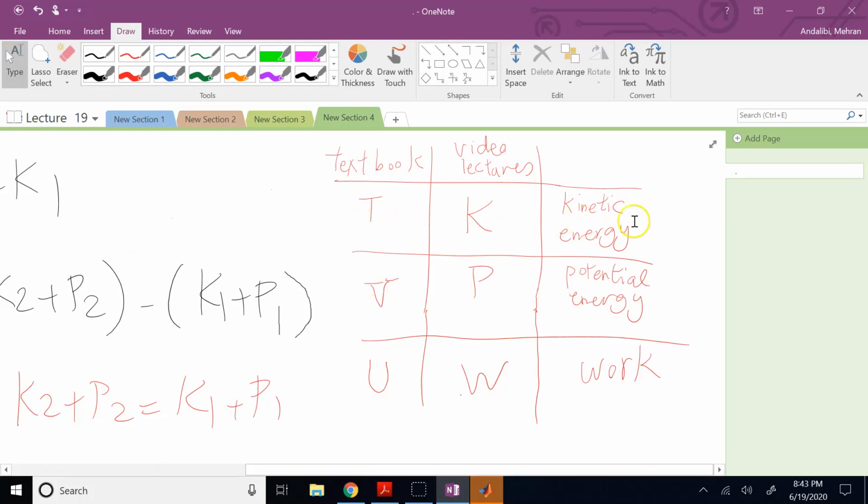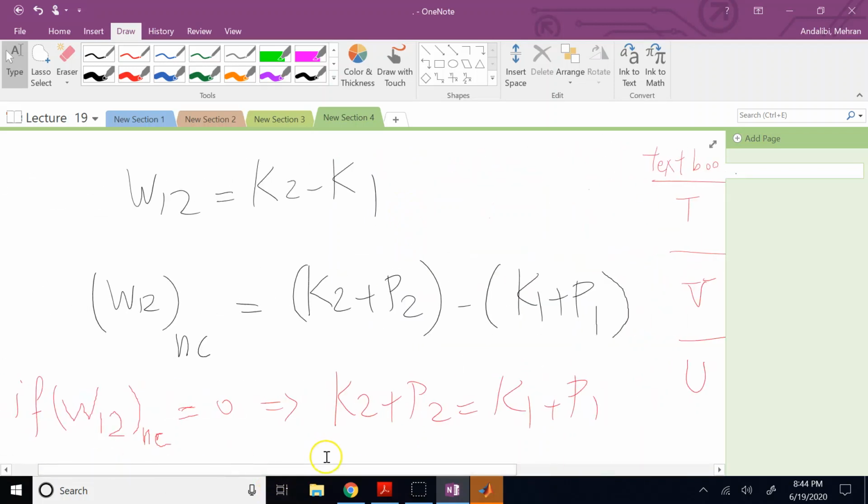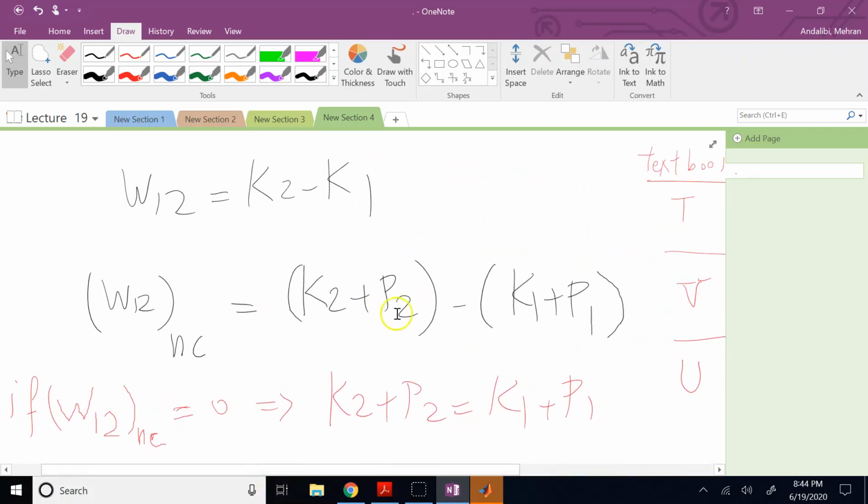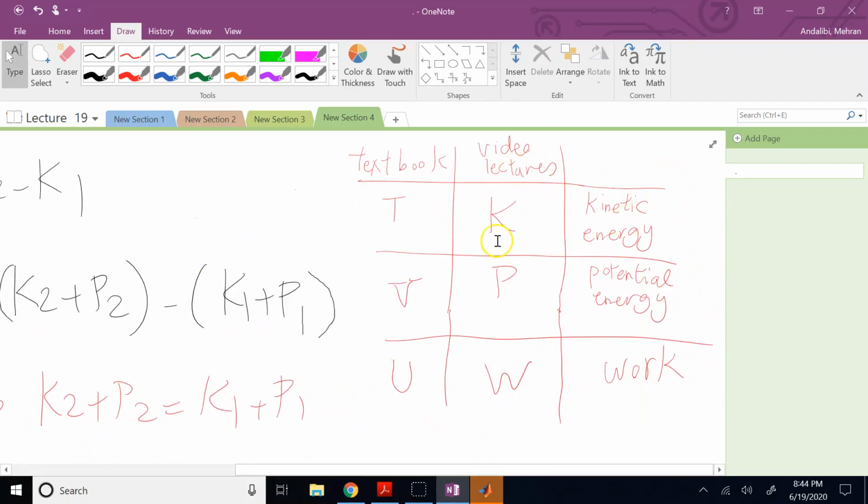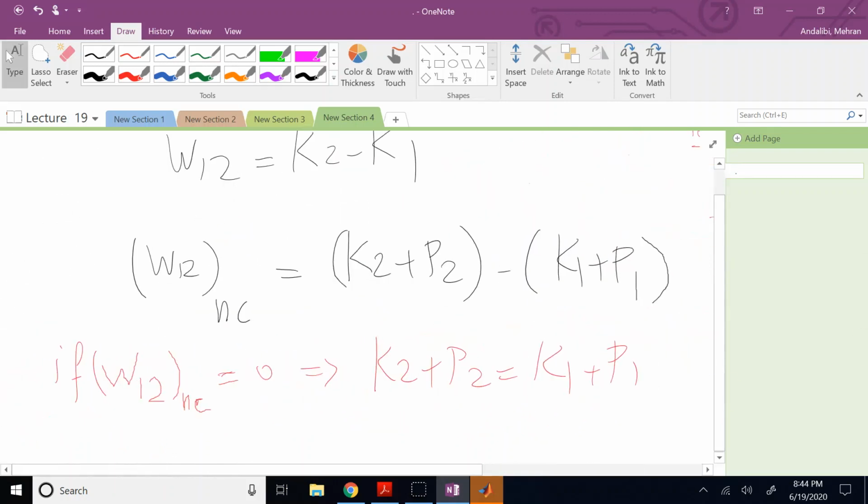T has nothing to do with kinetic, V has nothing to do with potential, and U has nothing to do with work. We typically use the first letter of the quantity, like velocity, we say V, pressure, we say P. I don't know why T should be used for kinetic energy, but that's how your textbook is acting. I just wanted to clarify this so there is no confusion.